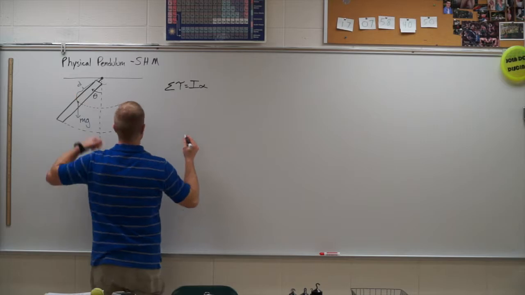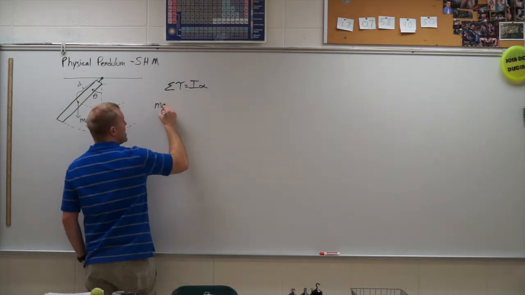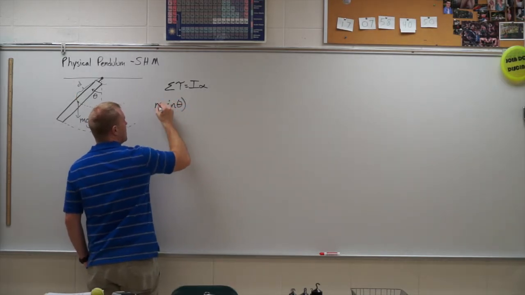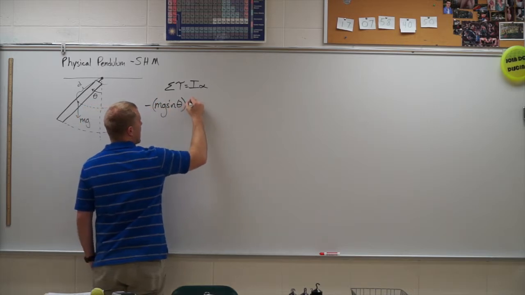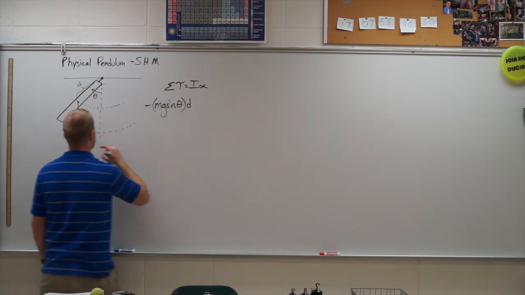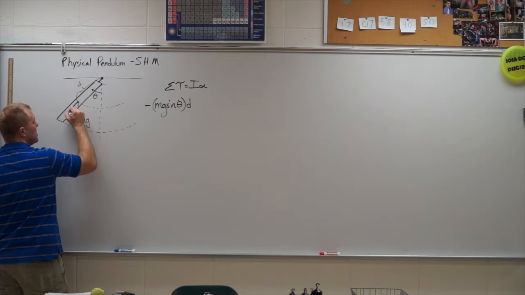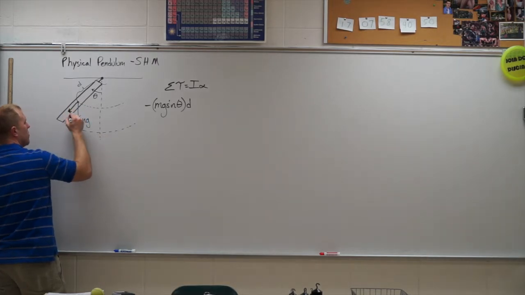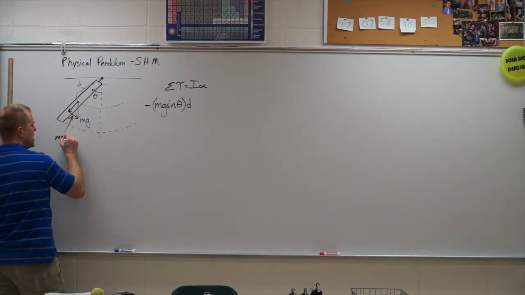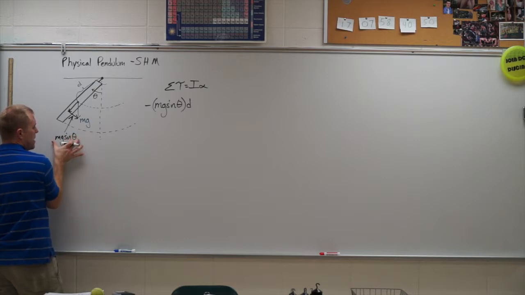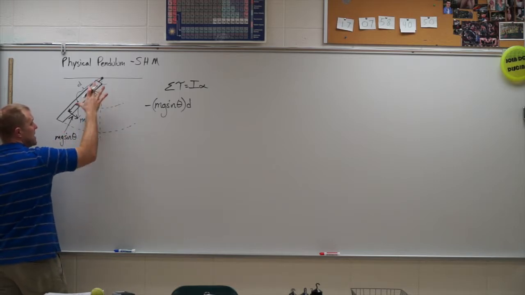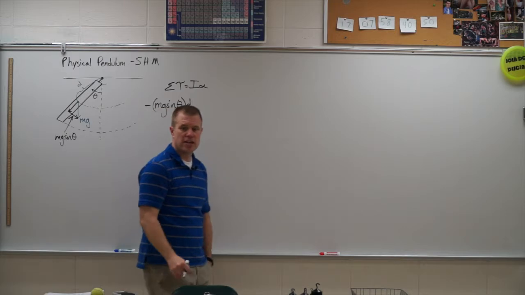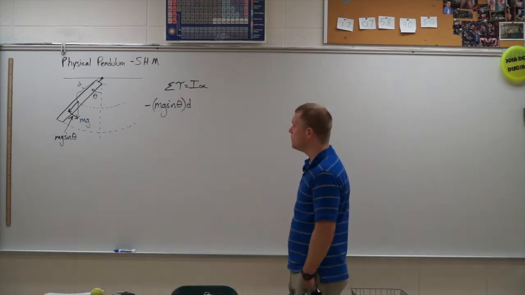So the torque produced is going to be mg sine of theta in the negative direction times that d value. Okay? And the reason for that, again, is we do need to find the perpendicular one, which is this one, mg sine theta. So the perpendicular component times the distance from the axis of rotation to where that force is being applied.